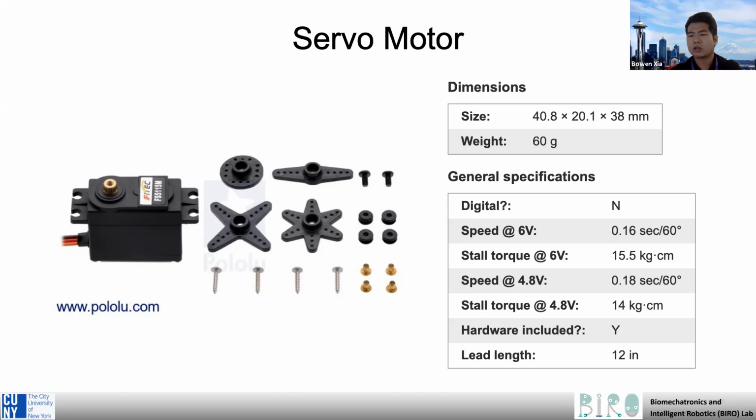In total, the servo motor has 4 wires: 2 inputs for the power supply, which are the red and the brown, or the black, depending on the motor that you receive, and 1 input for the control signal to the servo motor, which is the yellow or the orange one.